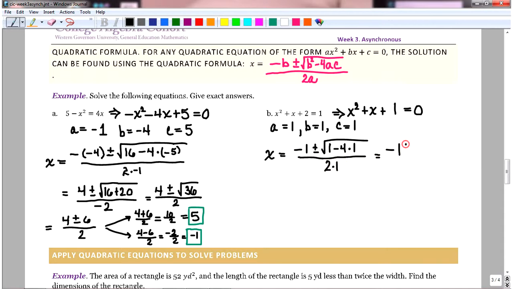So we have negative 1 plus or minus the square root of 1 minus 4, all divided by 2. So under that square root, we have a negative 3. Okay, and what we learned in this lesson is a negative under a square root means that we can take out an i. So negative 1 plus or minus i square root of 3, all divided by 2. And that would be our simplified answer.